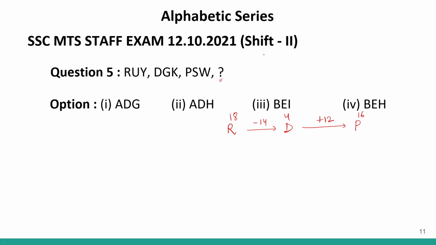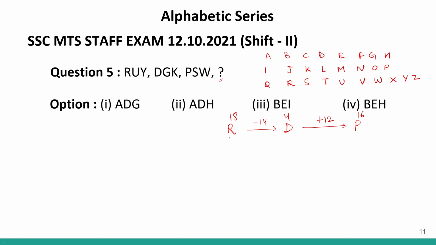Now if I look at the alphabets again, A, B, C, D, E, F, G, H, I, J, K, L, M, N, O, P, Q, R, S, T, U, V, W, X, Y and Z. These are my alphabets.